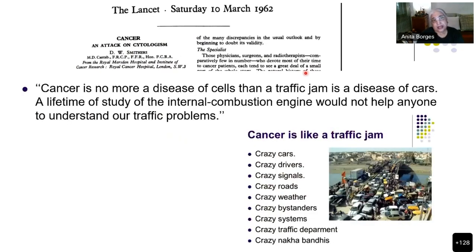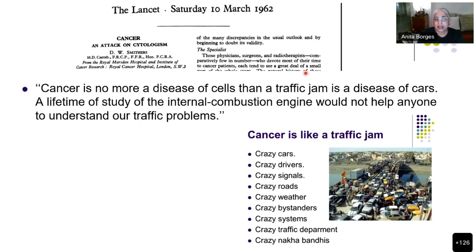And you know, this is something that was said years and years ago, in 1962, by David Smithers. He was one of the most prescient cancer researchers. He was a radiation oncologist. And he said, which is very true, cancer is no more a disease of cells than a traffic jam is a disease of cars. You see a traffic jam, there's a whole accumulation and more cars being added to this.